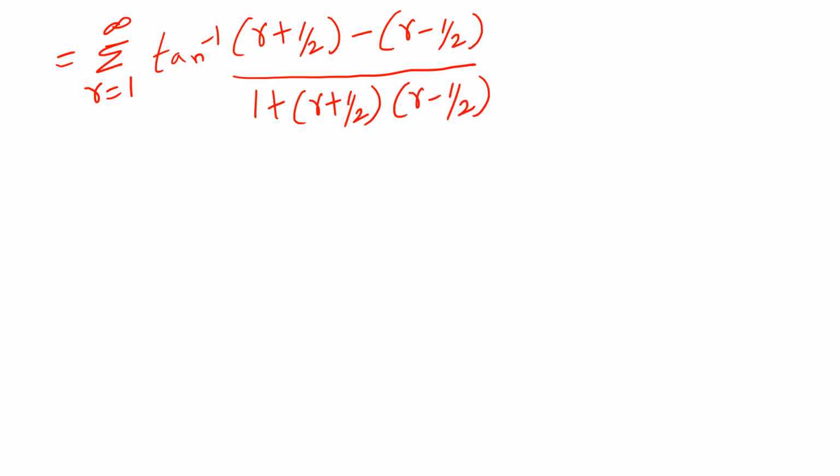Now students, at this stage, we can apply the formula tan inverse of (x minus y) upon (1 plus xy) equal to tan inverse x minus tan inverse y when xy is greater than minus 1. Why? Because both of the terms r plus half and r minus half, which are acting as x and y, they are positive. So obviously their product is greater than minus 1.